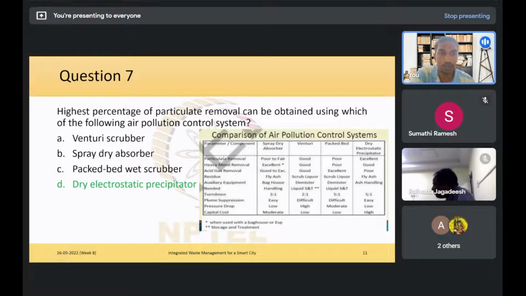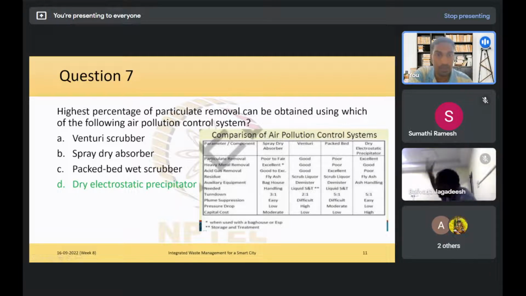So we looked at these four techniques or methods: spray dry absorber, venturi, packed bed, and the dry electrostatic precipitator, and we compared these based on different parameters, such as particulate removal, heavy metal removal, acid gas, residue, and so on.